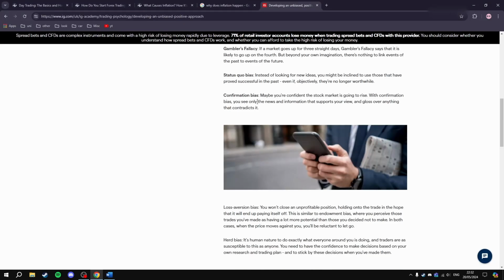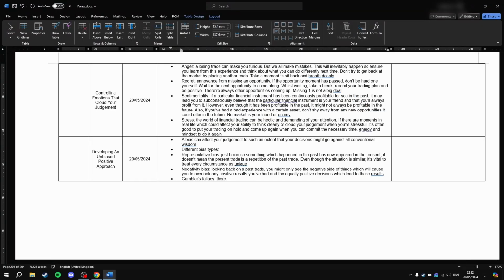If a market goes up for 3 straight days, gambler's fallacy is that it is likely to go up on the 4th. But beyond your own imagination, there's nothing to link events of the past to events of the future.